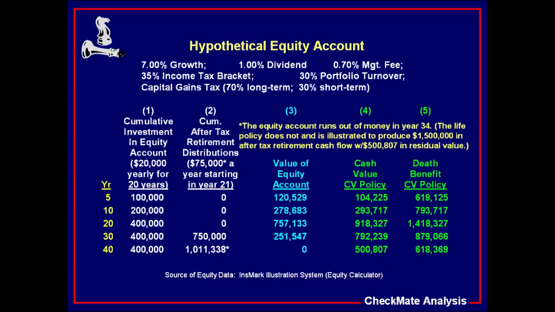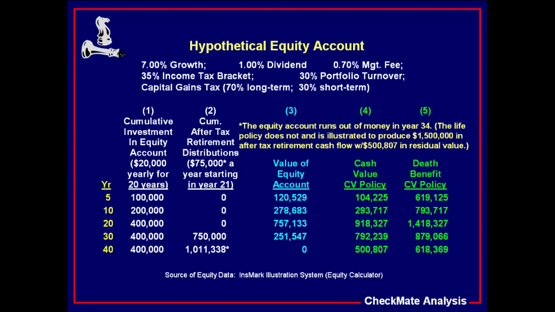I'm going to assume 70 basis points of a management fee, very, very conservative, just under a 1 percentage point. Typically, it would be 1 or more. Same 35% income tax bracket, 30% portfolio turnover, capital gains tax, 70% long-term, 30% short-term.